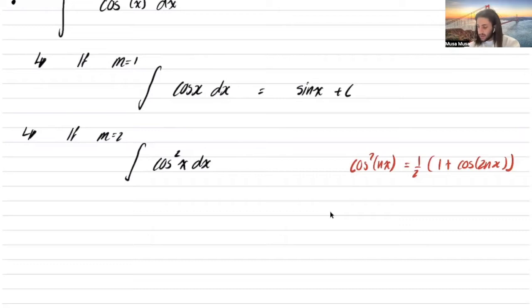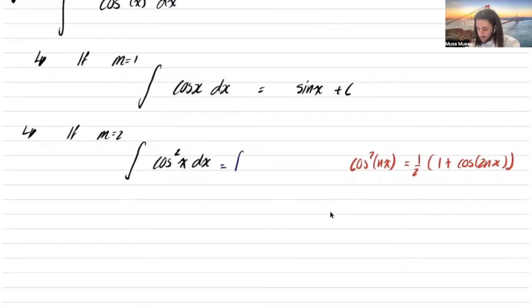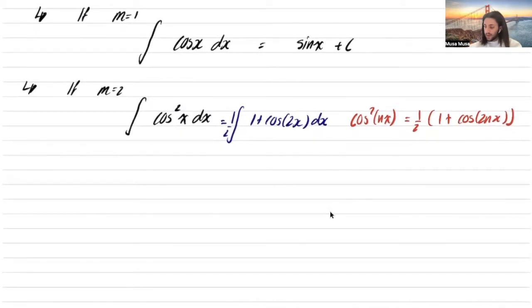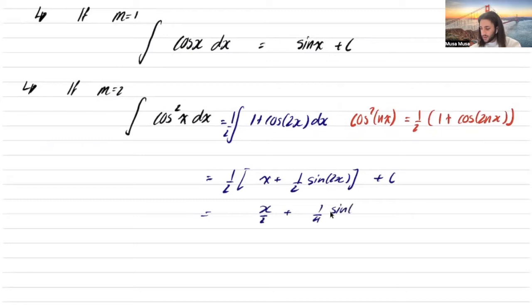So this ends up being half of the integral of 1 plus cos 2x dx. Wonderful. Then we get x plus a half of sine 2x, plus c, which is x on 2 plus a quarter of sine 2x. So that's what you do if m equals 2.